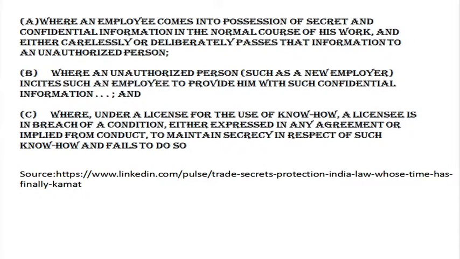Now I will again refer to a few of the cases. Consider where an employee comes into a position of secret and confidential information in the normal course of his work and either carelessly or deliberately passes that information to an unauthorized person. Here the employee comes into possession of secret and confidential information about the business.